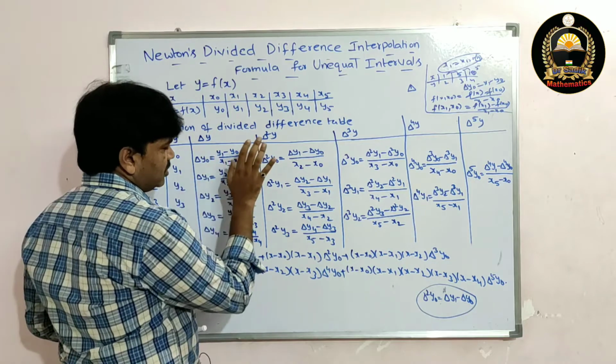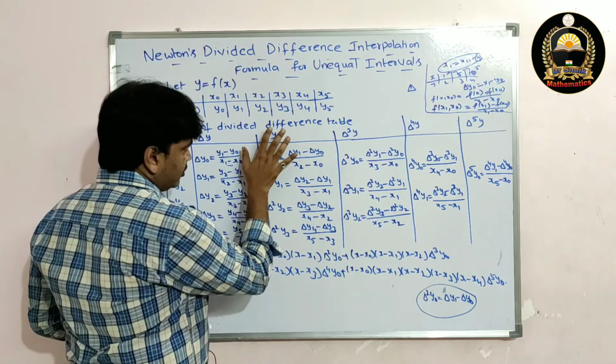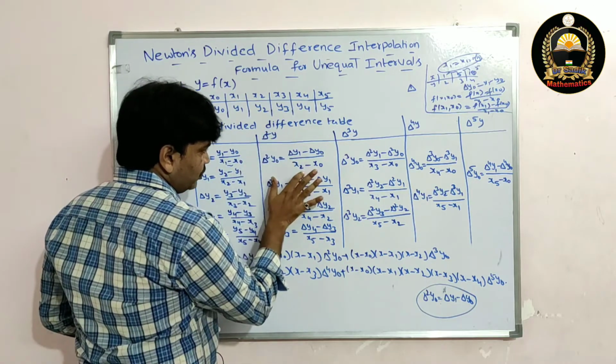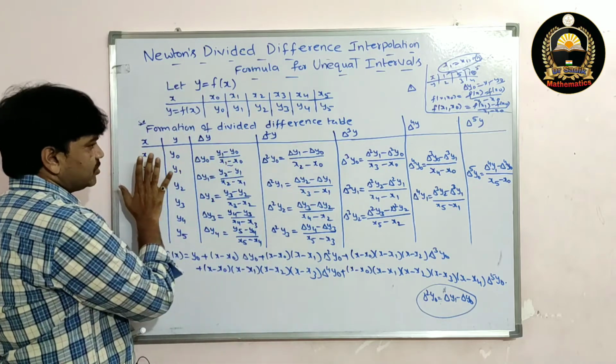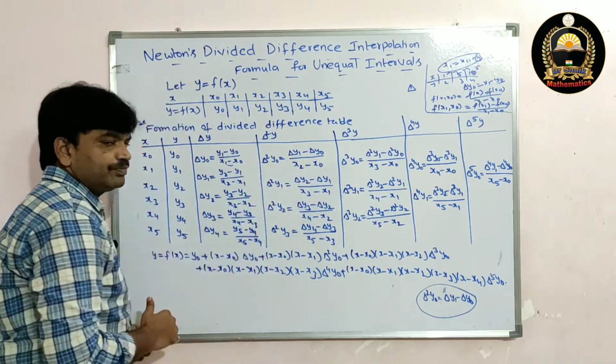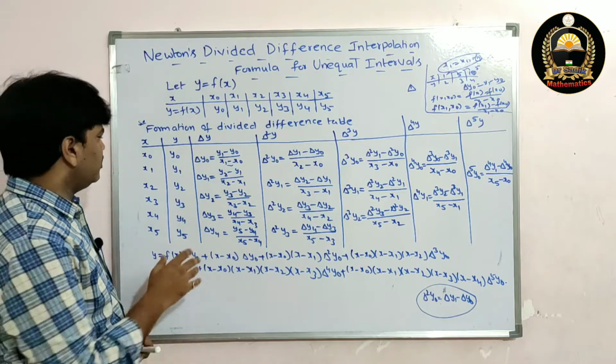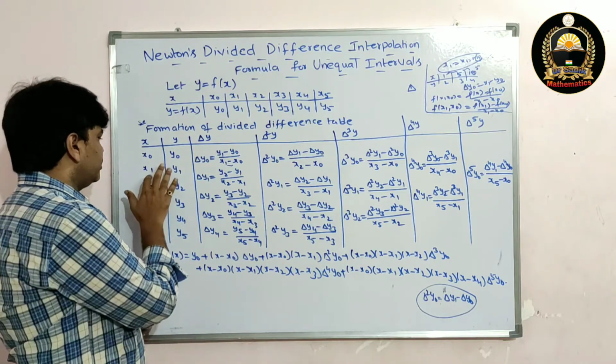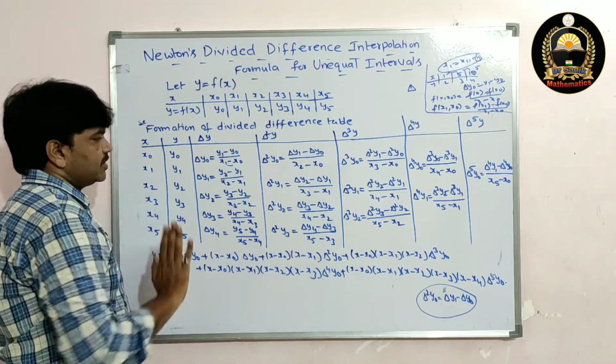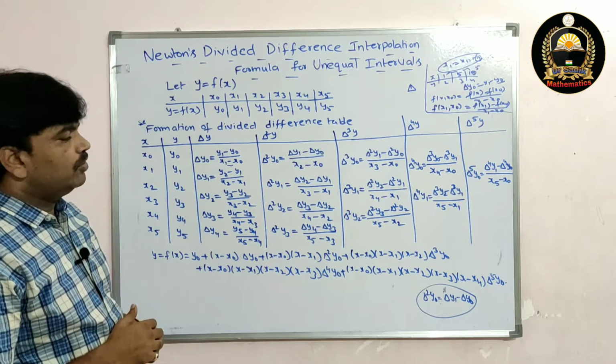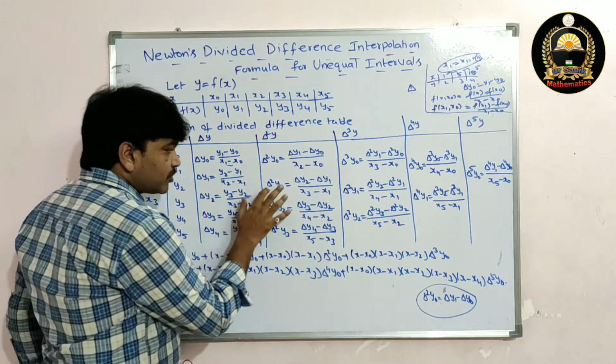Simply we can remember: I told you here we have square, so square means x2. What is the first value? X naught. So x2 minus x naught. Or another easy way to remember, skip x1 and we get x2 minus x naught. Now del square y1.